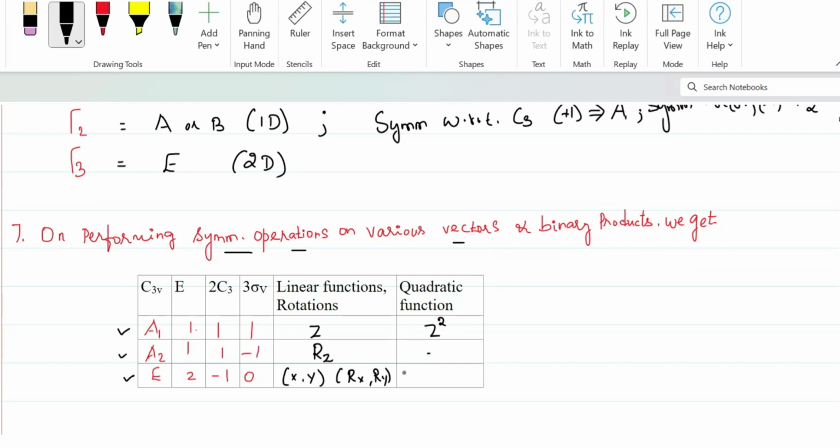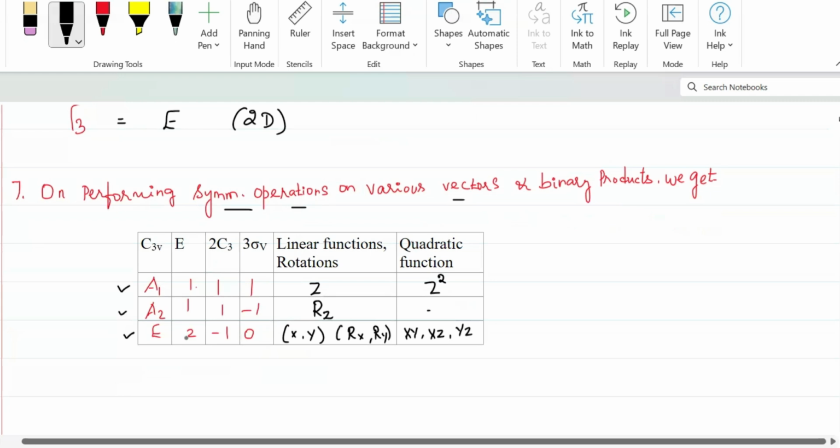Then here the binary products xy, xz, then comes yz. So the various symmetry operations performed on these vectors also lead to these characters of the irreducible representations. So this is the final character table that we have obtained for the C3v point group.